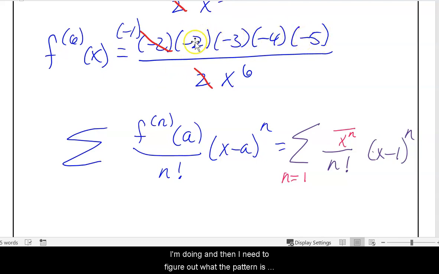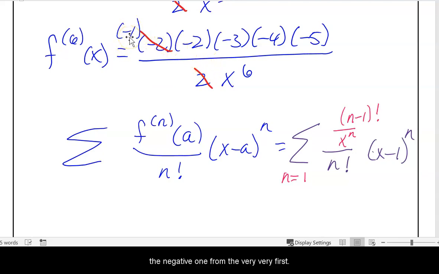This is 5 factorial, which is 1 less than the power in the denominator. So I would write that as n minus 1 factorial. Now I have a number of negatives attached. I have the negative 1 from the very first cancellation, and then each one of these carries a negative on it. And they'll always carry a negative because the powers in the denominator are increasing, which means that when I bring them to the numerator, they're still always going to be negative.